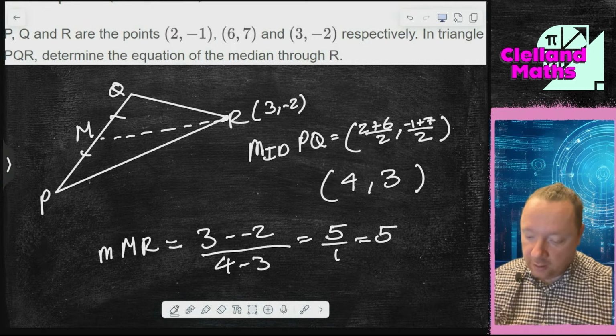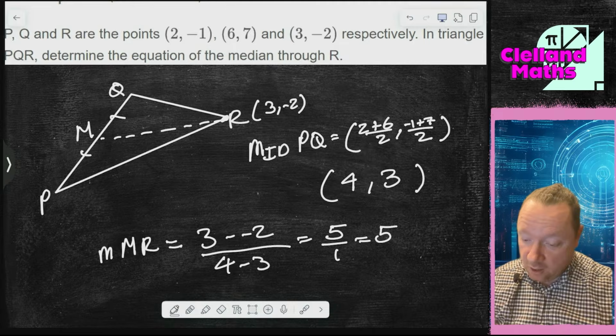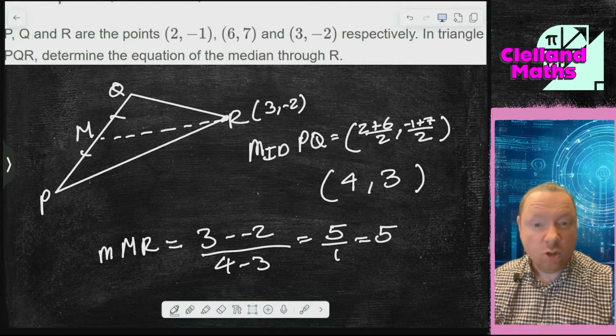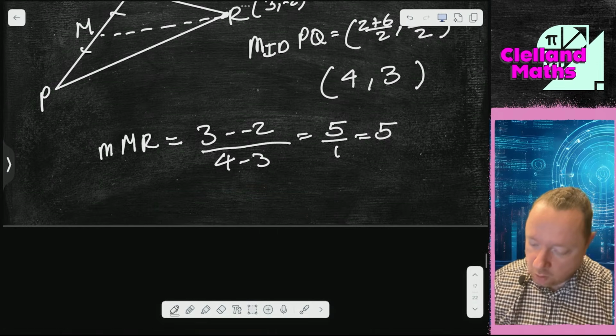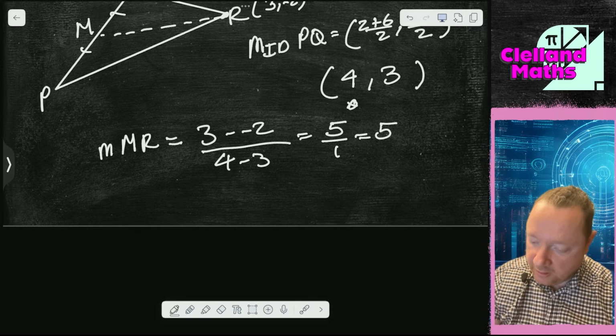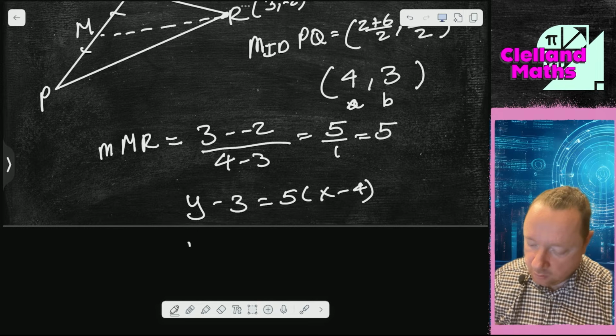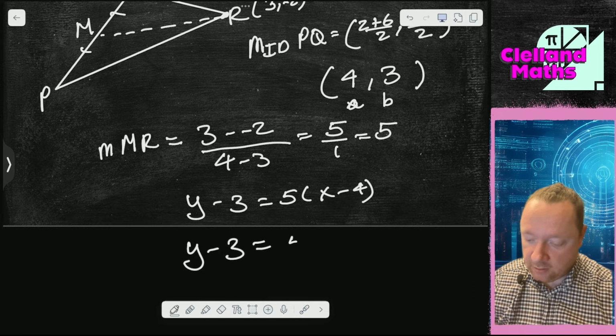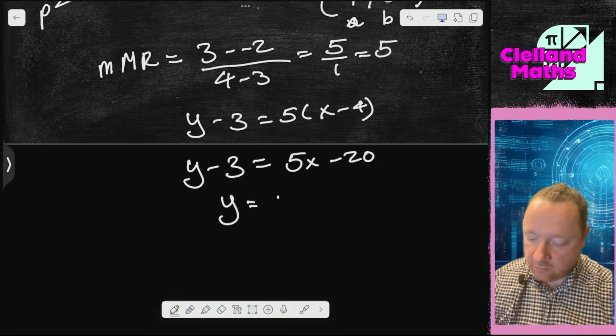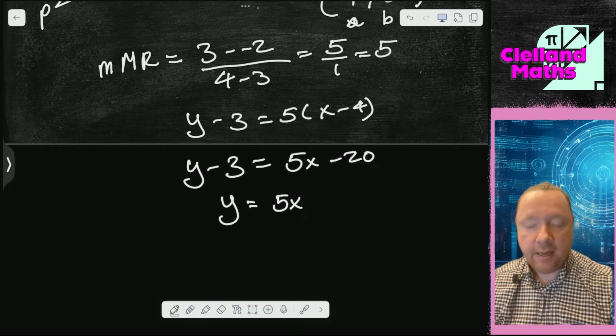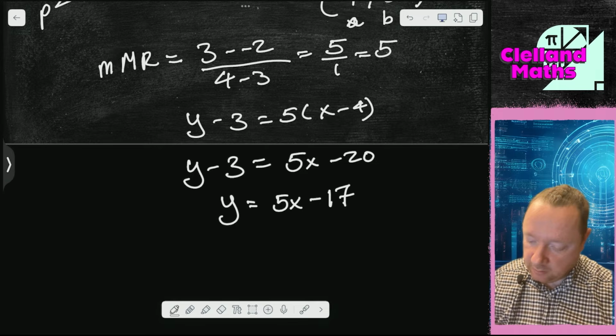Now we just use a point. You can use 4, 3, or you can use 3 minus 2. I'll just use 4, 3, because why not? So y minus b equals m(x minus a). Y minus 3 then is 5x minus 20. Finally, y is 5x. Minus 20 add 3 is minus 17.